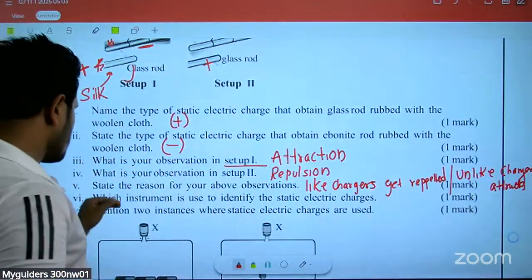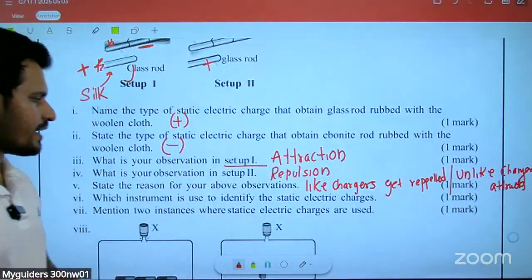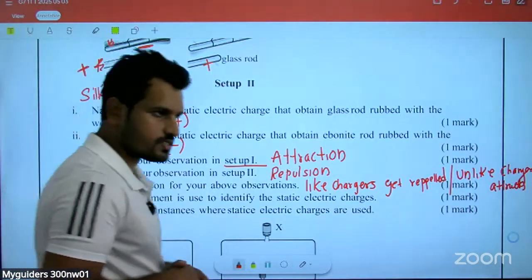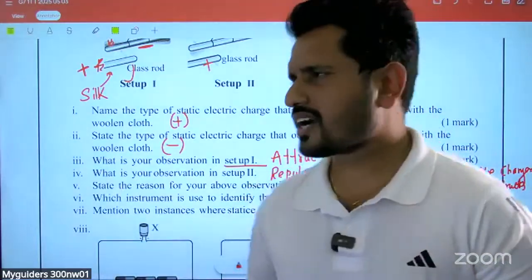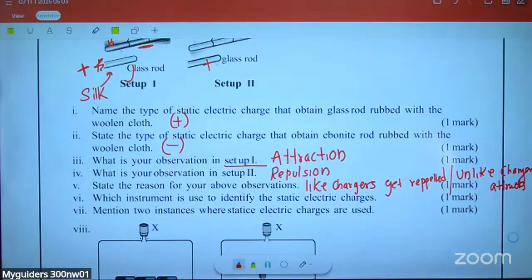Next one. Which instrument is used to identify the static electric charges? We used some sort of instrument. By using that instrument we can identify the presence of static electric charges.